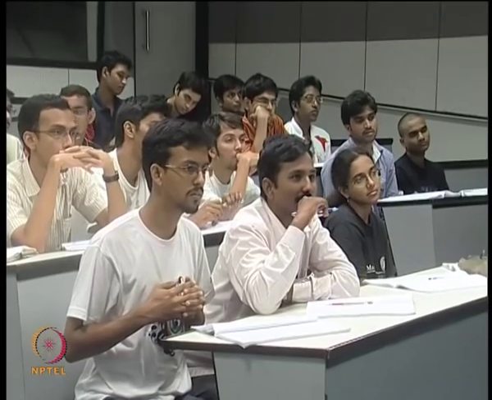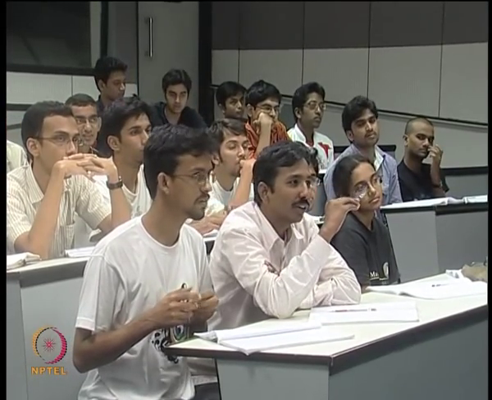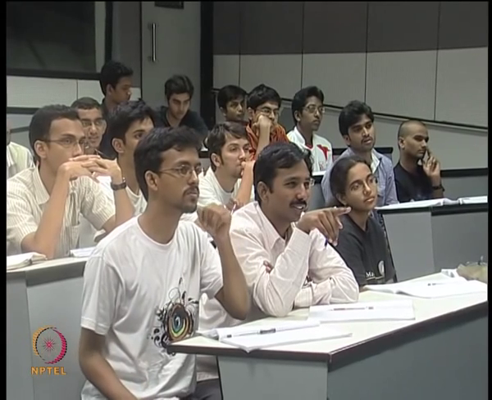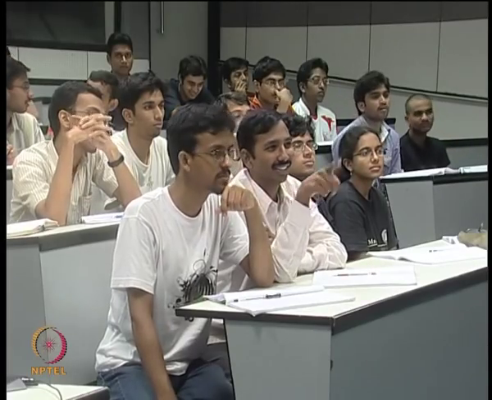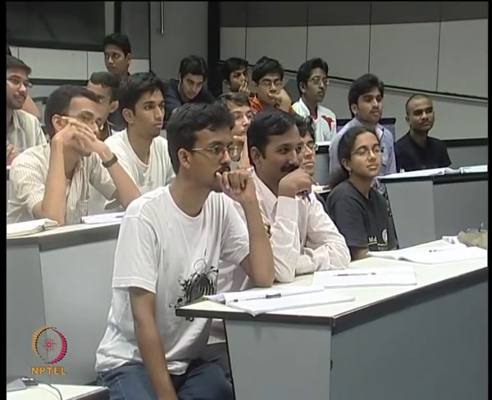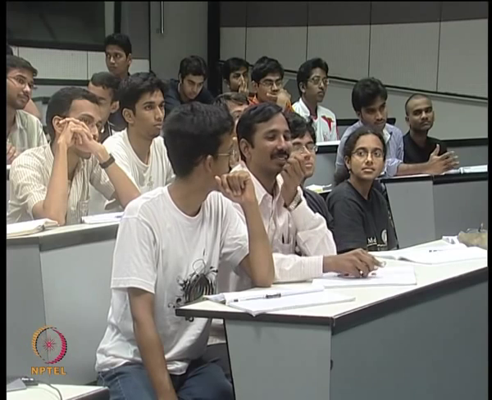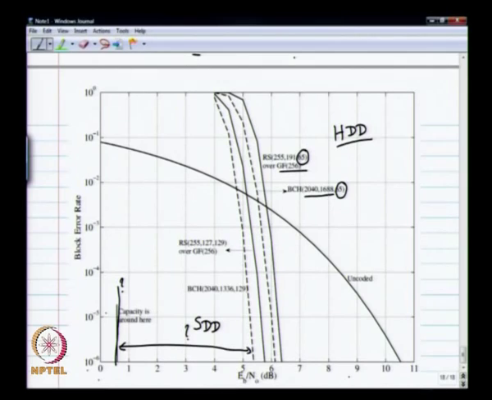What is less than 4? I'm sorry? Is it 0.5 bit? Which one? For BCH. I'm confused. What is the question? Oh, less than about 4.5 dB, it's worse than uncoded is what you're saying.